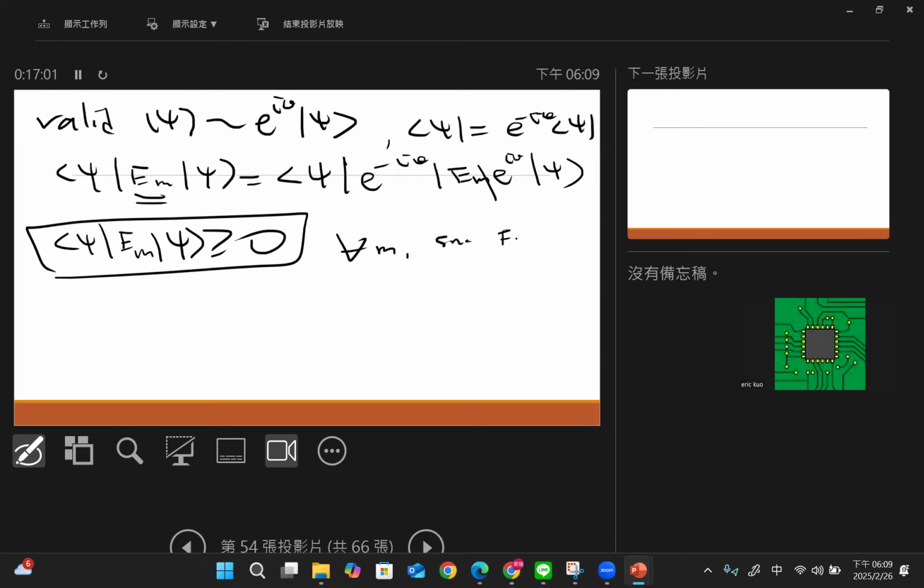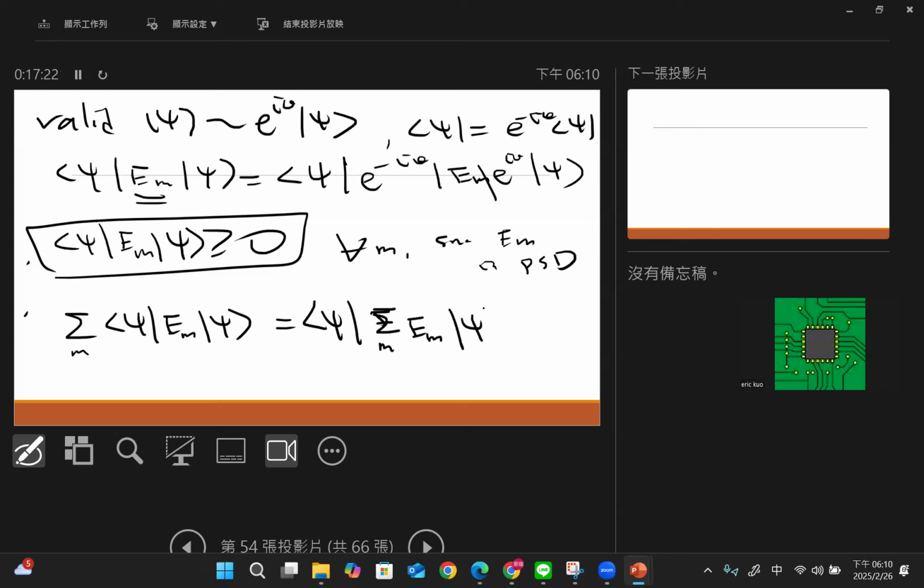Finally, the probabilities need to sum to 1, and by my assumption all these E_m sum to identity. It's a little bit of a trick, but basically by definition it is 1. So it's still valid. This is POVM.